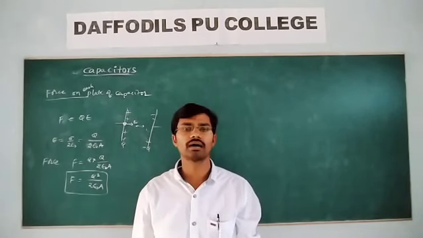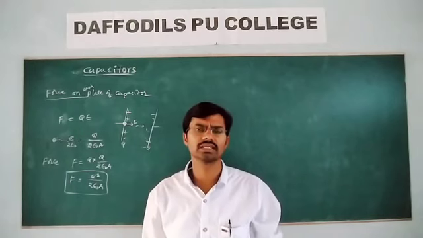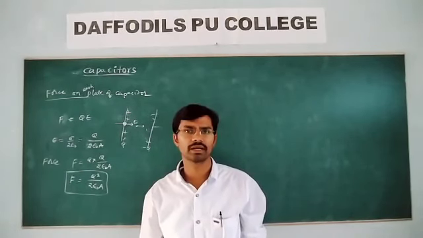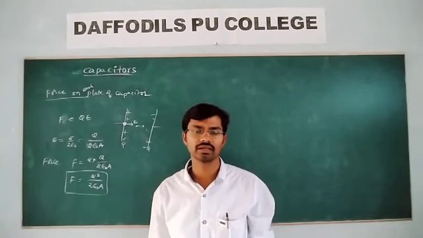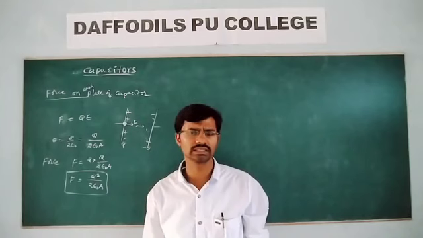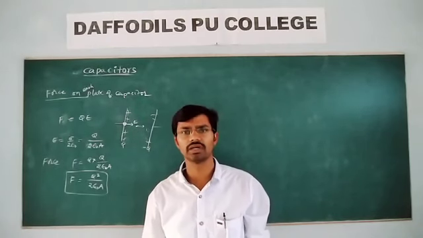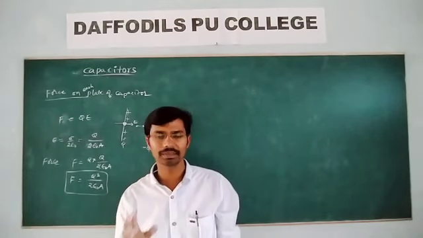In today's class, we have discussed capacitors connected in series combination and parallel combination, and the equivalent capacitance. Thereafter, we saw the energy stored in a capacitor and what we mean by the energy density in terms of the electric field, half epsilon naught E squared. Energy density is nothing but energy per unit volume.